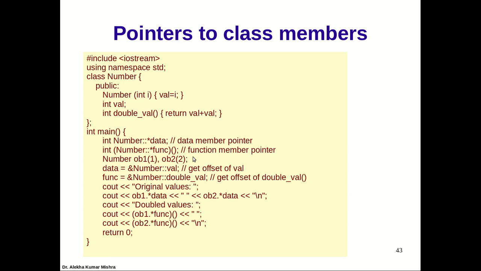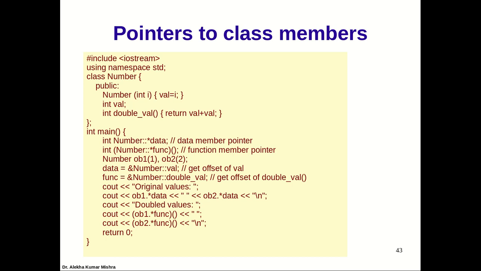The next concept is pointers to class members. So till now we have seen that we have declared a pointer to an object of a particular type, but we can also declare pointers that will point to the class members of a particular class, maybe a member function, maybe a data member, that is also possible.